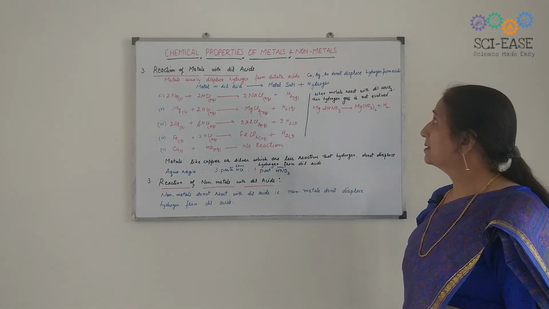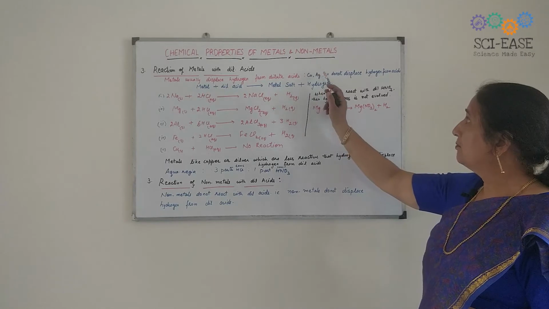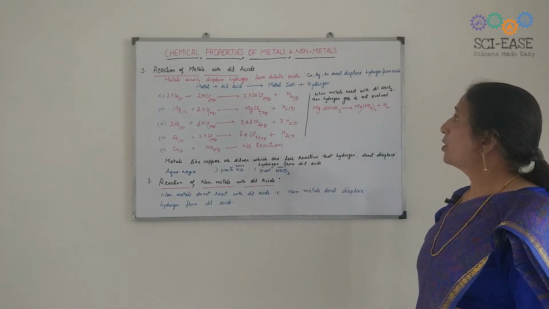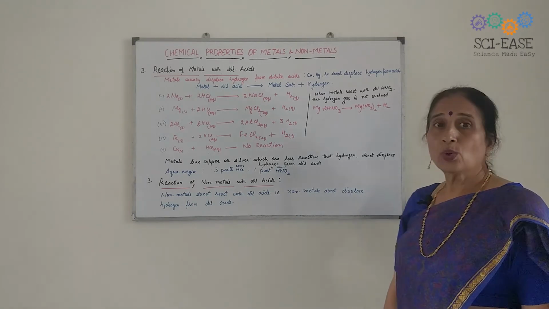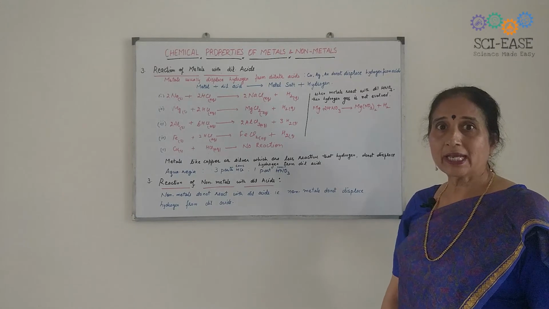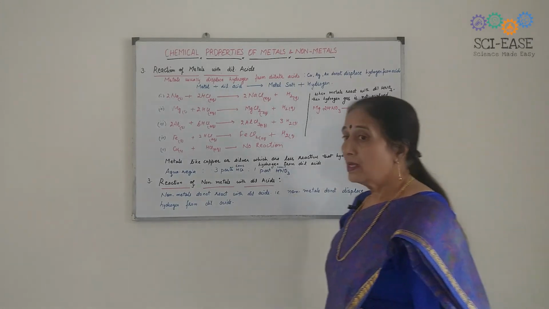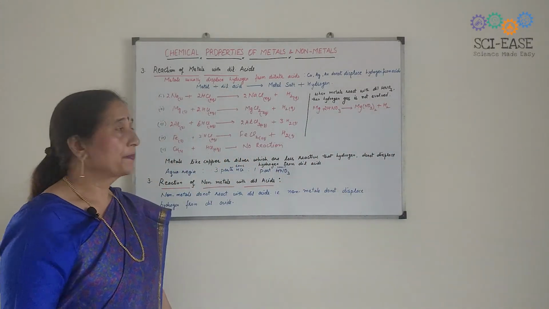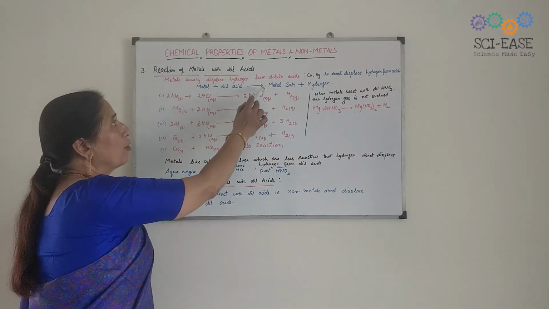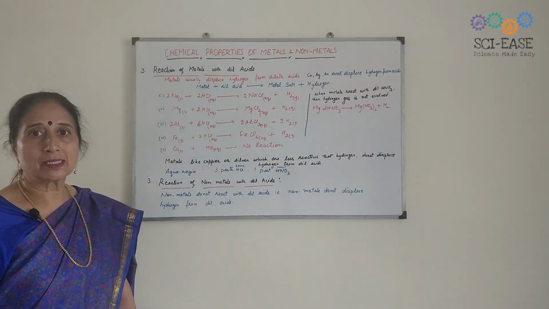Some metals like copper, silver, gold do not displace hydrogen from acids, so they don't show the reaction of metals with dilute acids. The general equation for this is metal plus dilute acid forming metal salt plus hydrogen.